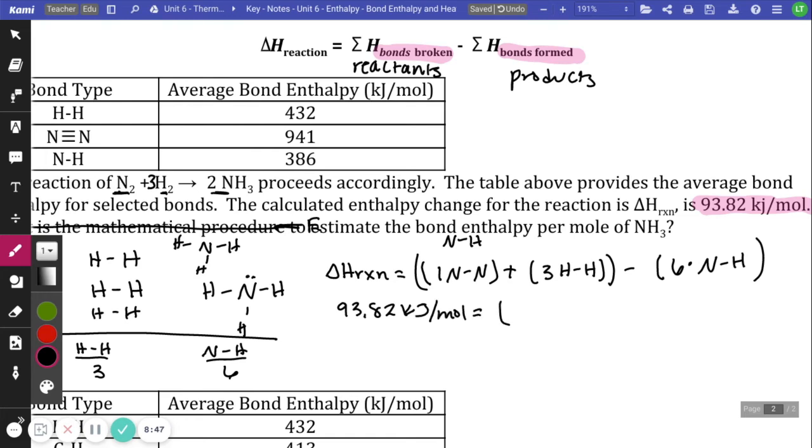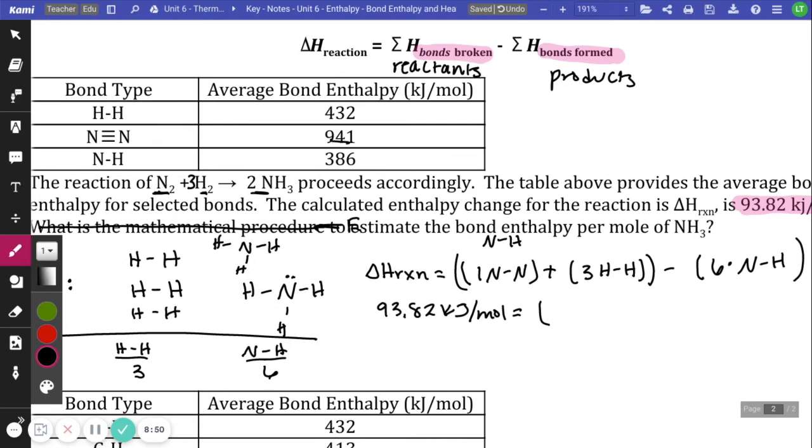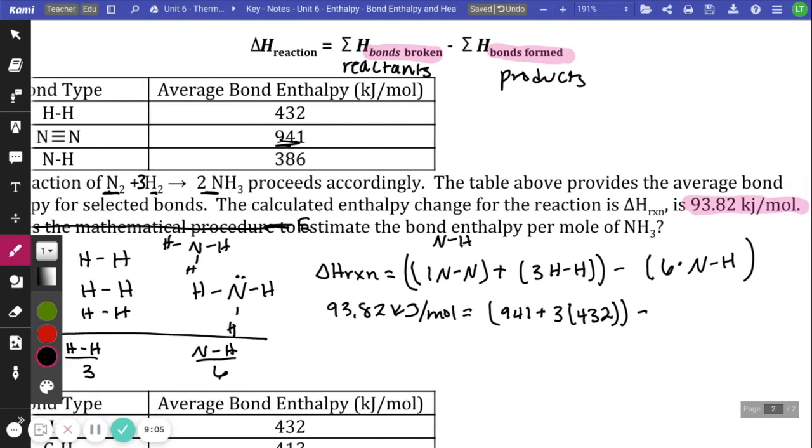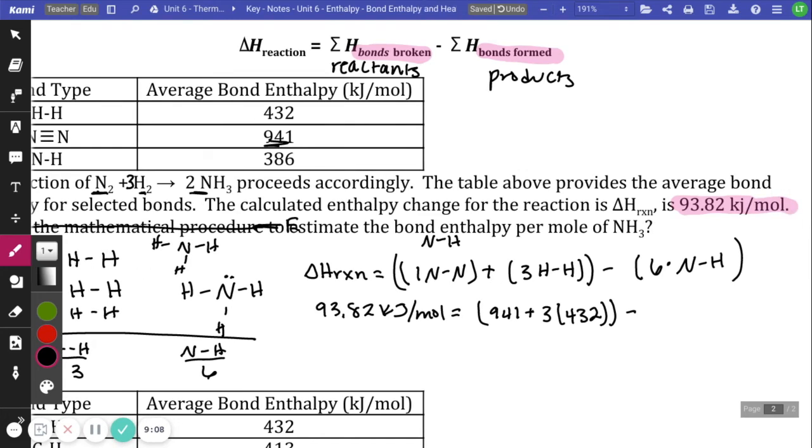It's equal to our energy of our nitrogen triple bond, which is 941, plus, and we only broke 1 bond there, 3 times our hydrogen bond, which is 432, minus 6 times our NH bond enthalpy. Instead of using NH, I'm going to use X since it's easier to write. So minus 6X.